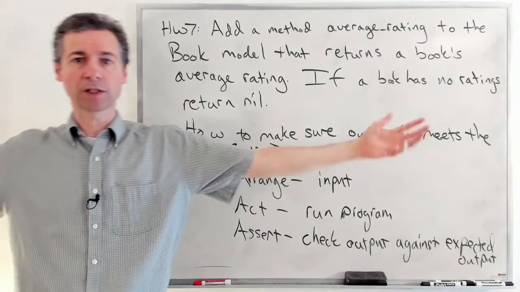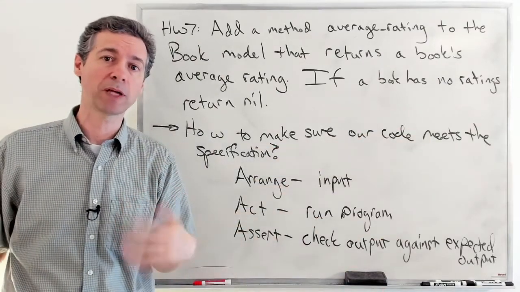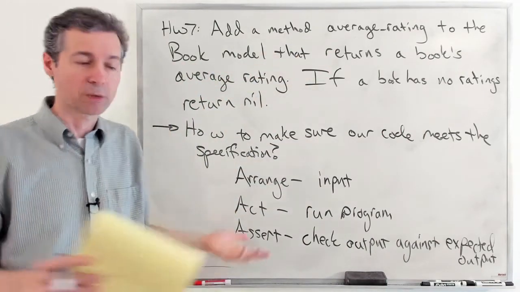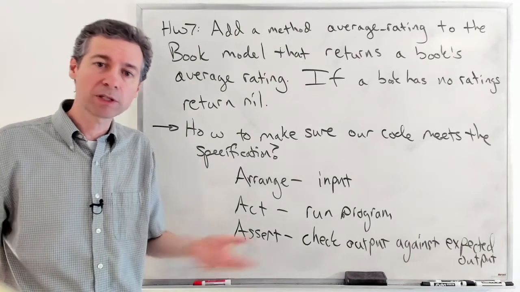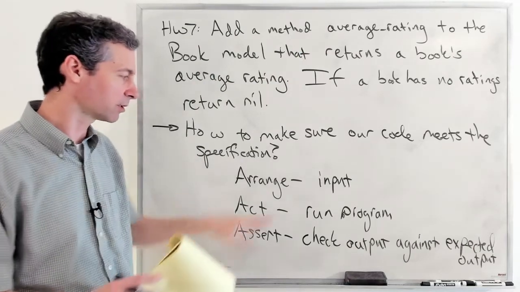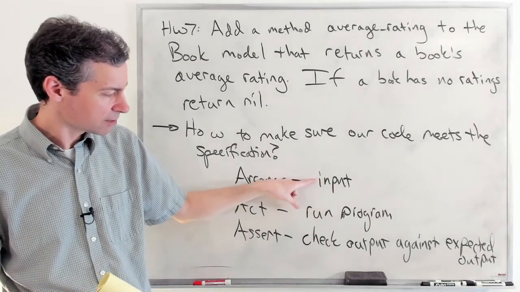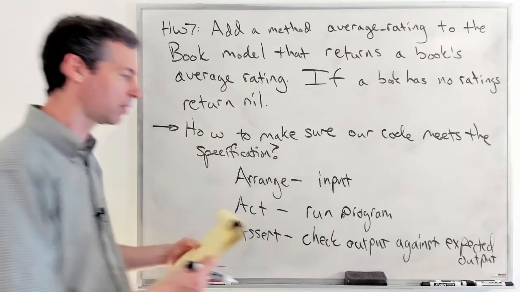It's not yet part of a bigger program doing anything. You could envision it being displayed on a web page to a user, but at the moment it's going to live on this book class, and we don't know who, how, or where it's going to be used exactly, but it's got to be a piece of code that's working correctly. So we're going to come up with the sets of input and outputs that we should use to test this piece of code.